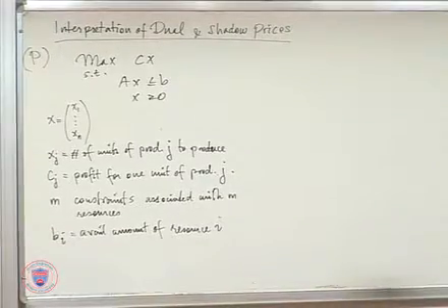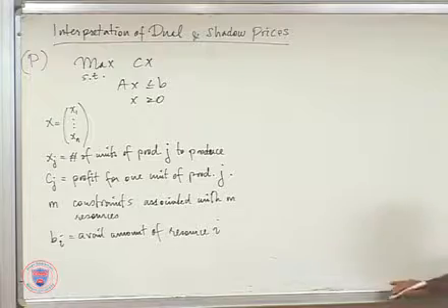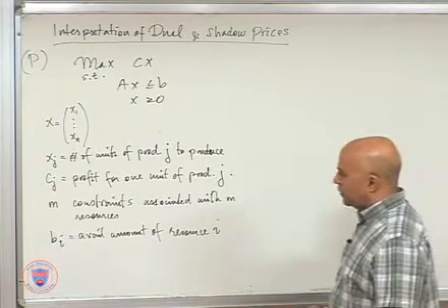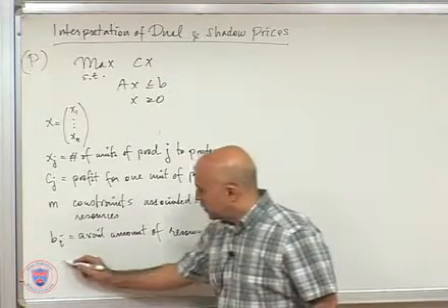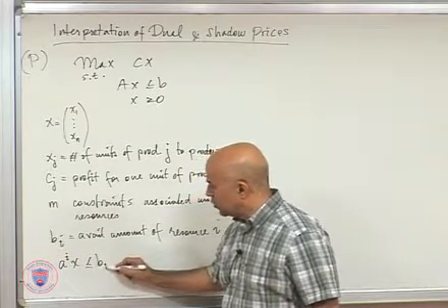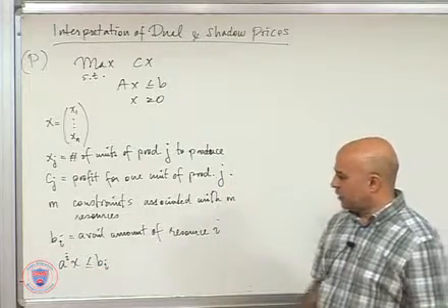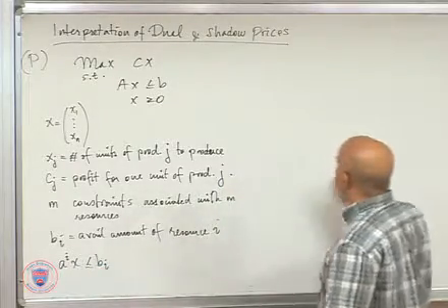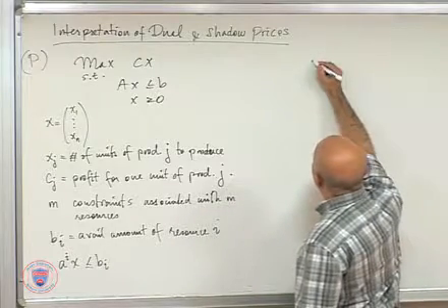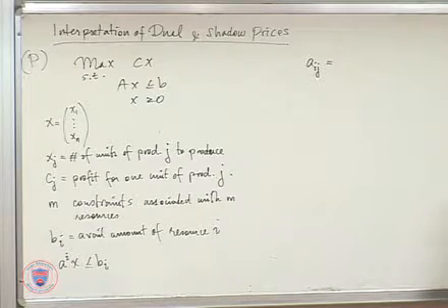Okay? It's an upper bound on how much you can spend of the ith resource. And the ith constraint tells you that whatever you use as resources should not exceed the available amount. So let's interpret Aij to be the number of units of resource i consumed by 1 unit of product j.